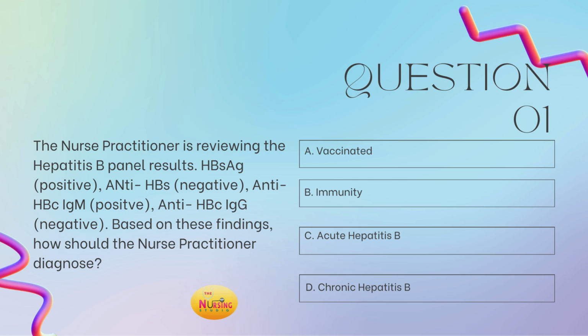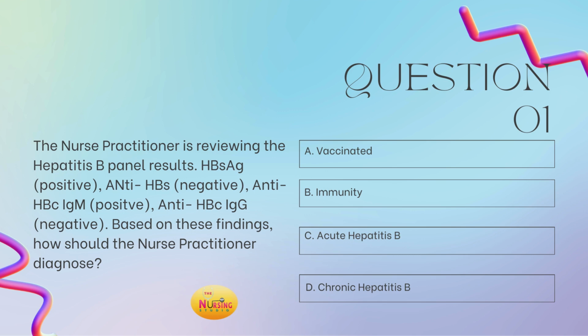All right, you guys, you know how I talk and teach. If they're asking for a diagnosis, we're going to run it back and see what the assessment shows us, right? So here, the patient is in the office. The nurse practitioner is reviewing the Hep B panel results. The surface antigen, which is the HBsAg, is positive, and the anti-HBs is negative. Y'all know I always say when we're doing hepatitis B serology, we look at these panels. Those are the first two things you should look at, right?